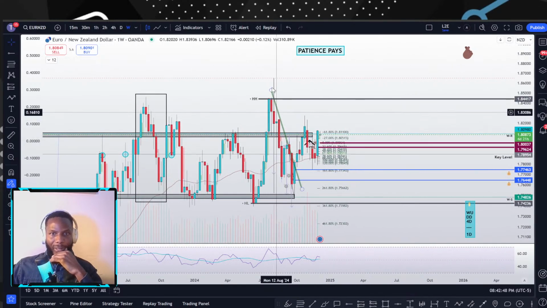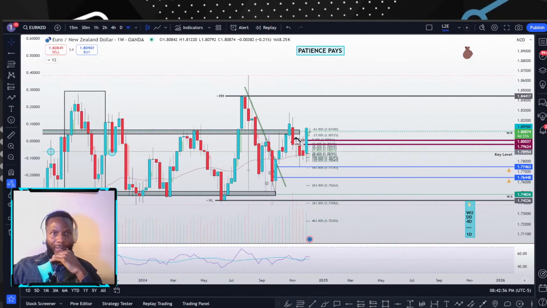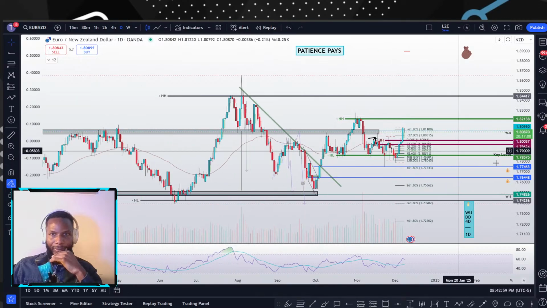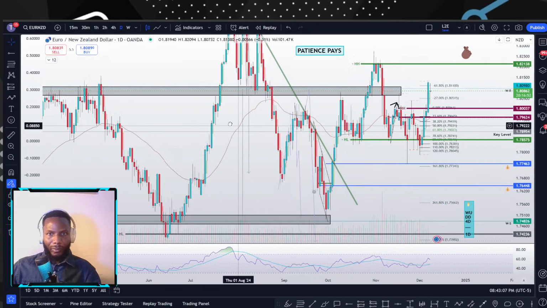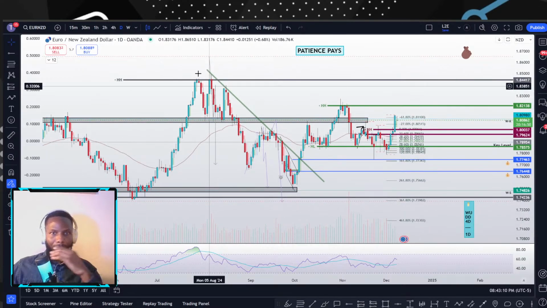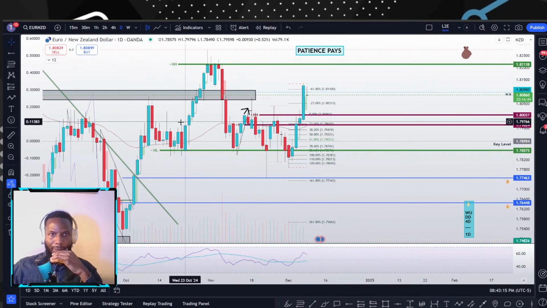Okay, so the week's already mapped out, made a higher high. What about the daily? Let me see what the daily is saying. To go down and then broke structure to go back up.